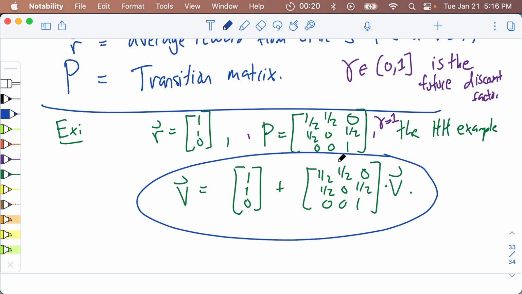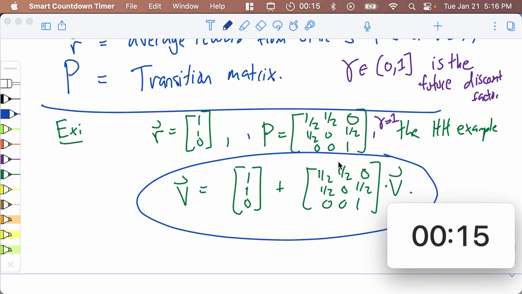I'll let you think for 1 more minute, and then maybe someone will come up with the answer. What is the extra thing we need? Let's do 30 seconds.